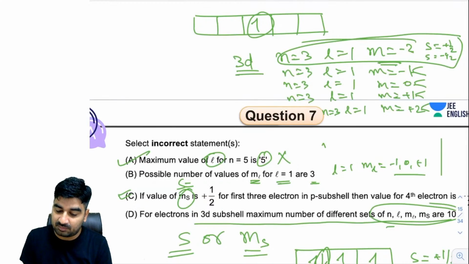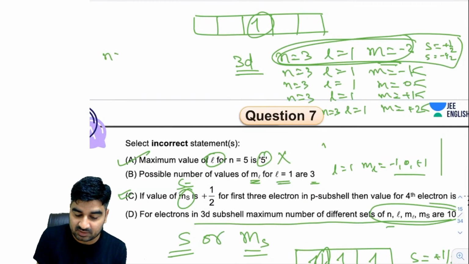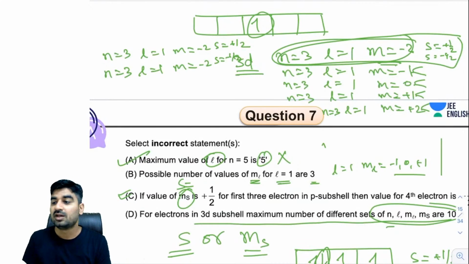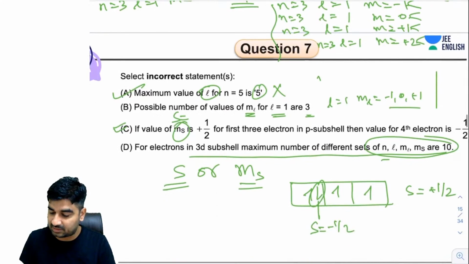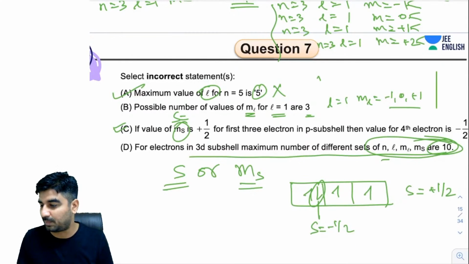Because if I keep these 3 numbers same, then S can have 2 values. So for the first case n 3, L 2, M minus 2, S plus half. And for the first case n 3, L 2, M minus 2, S can be minus half. Just like this, all cases will have 2 more cases. So total cases will be 10, and it says 10. So it was a very good problem.